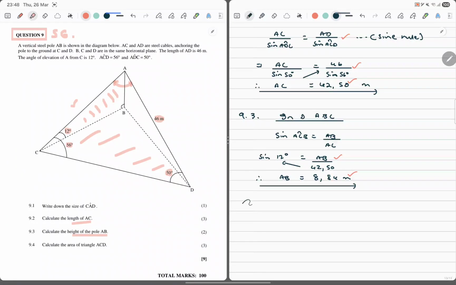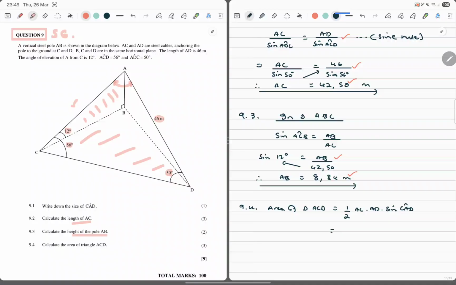Right, so let's look at 9.4. 9.4 says calculate the area of triangle ACD. The area of triangle ACD is going to be half AC times AD times the sine of CAD.